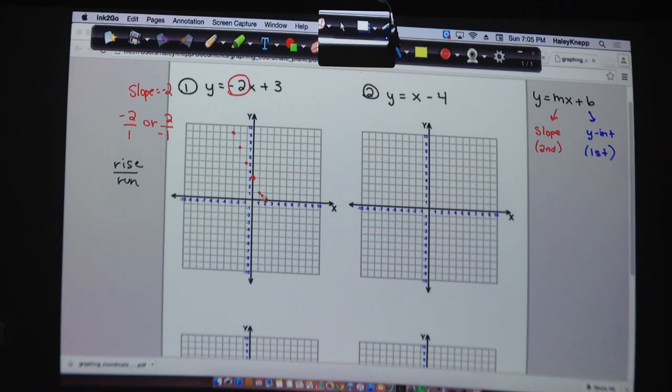Or I can continue to graph down here from this point, going down 2 to the right 1, down 2 to the right 1. When I draw a straight line through these points, I have now graphed a line of y equals -2x plus 3.